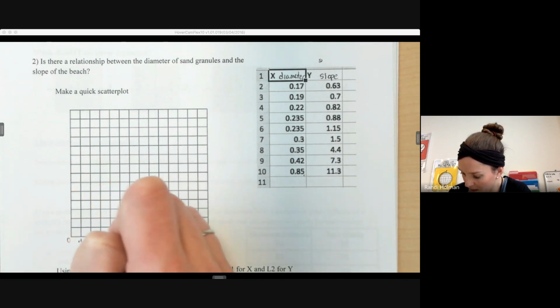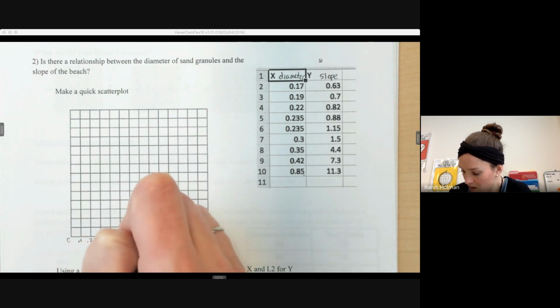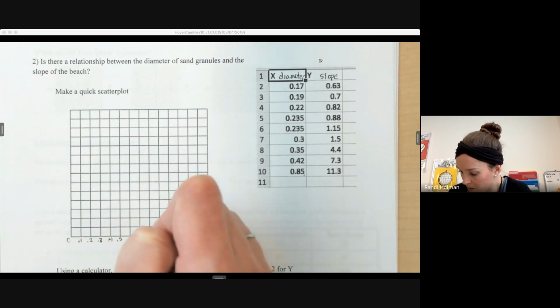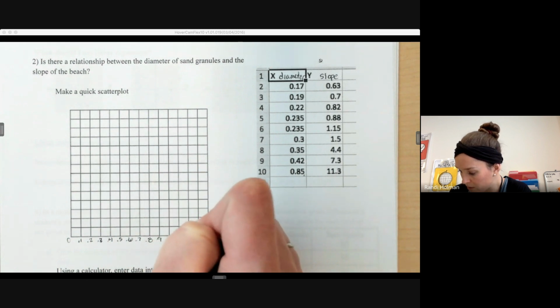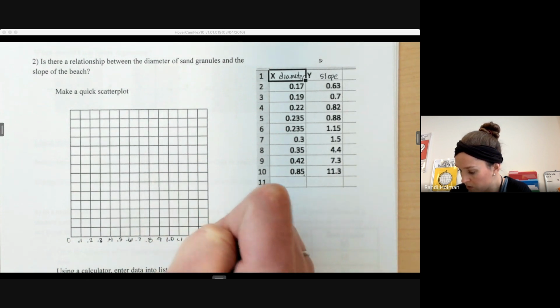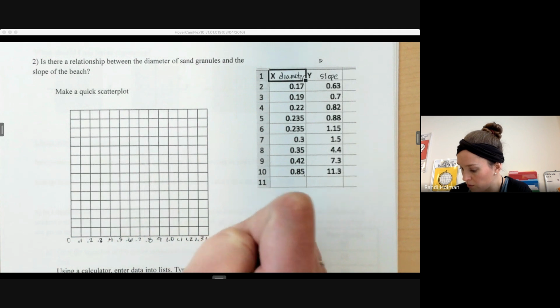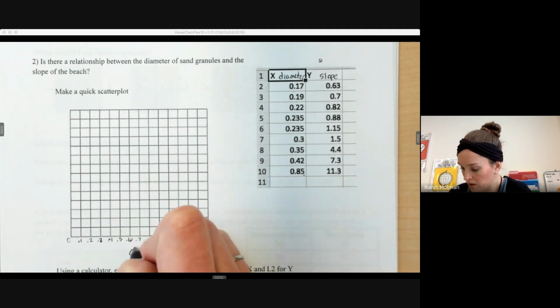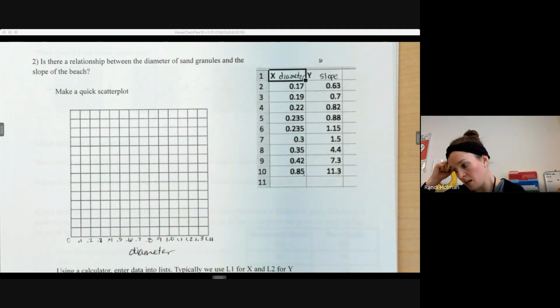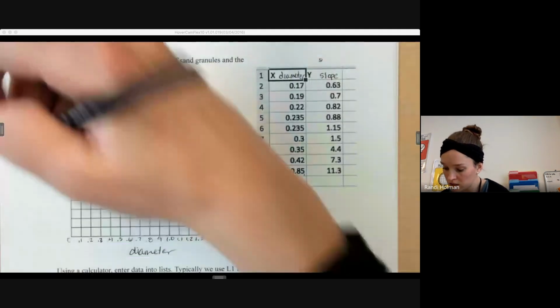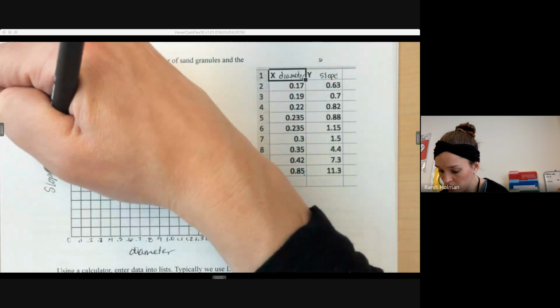So 1/10 each time. 0.6, 0.7, 0.8, 0.9, 1, 1.1, 1.2, 1.3, 1.4. And this is our diameter of the sand. And here is our slope of the beach.